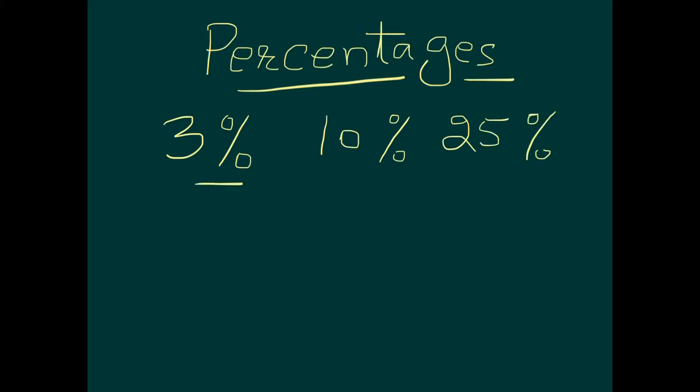So what is it? Simply speaking, percentage means per cent, or part of 100, which we define by putting this symbol. So part of 100 for a number is a percentage.